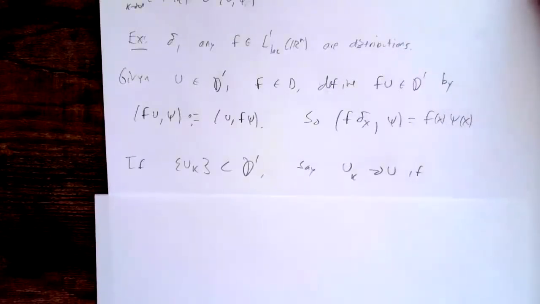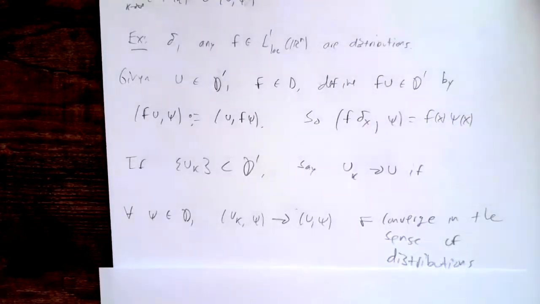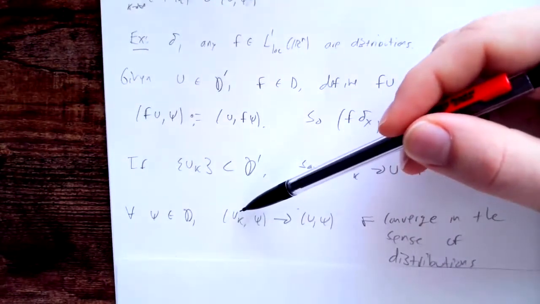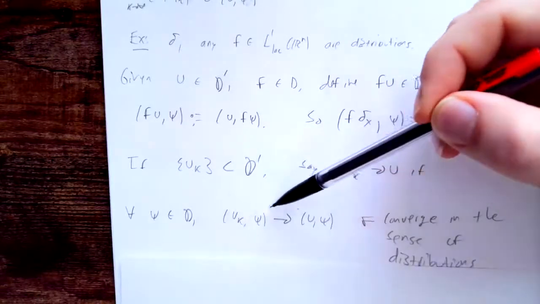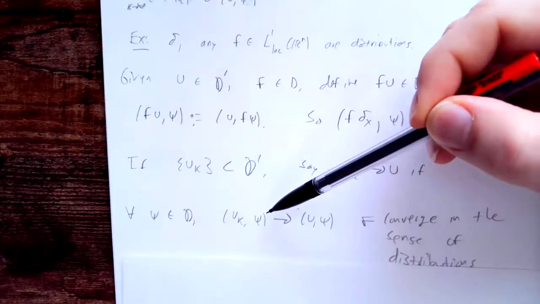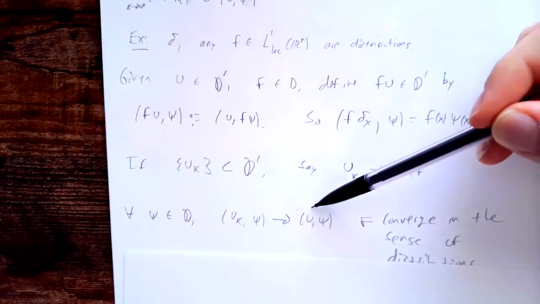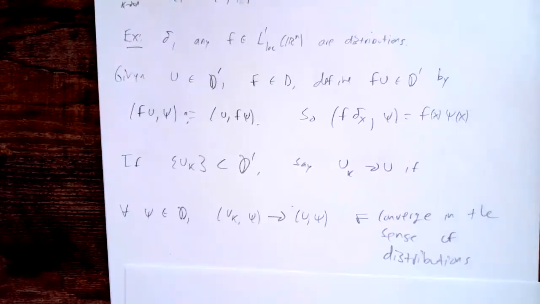What does it mean for a sequence of distributions to converge to a limit? What it means is that for every test function, if I apply each member of the sequence of distributions to that test function in turn, giving me now a sequence of real numbers, then that sequence of real numbers will limit to the real number given by distribution U applied to that test function.